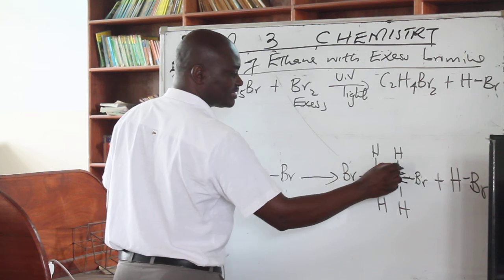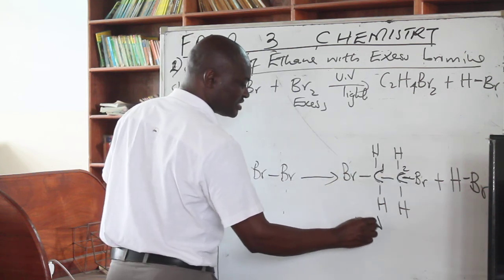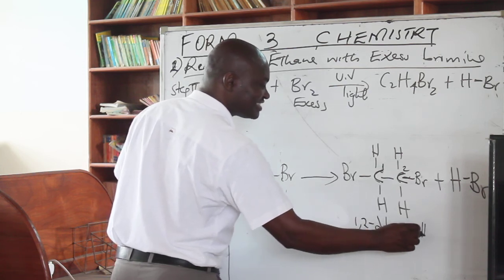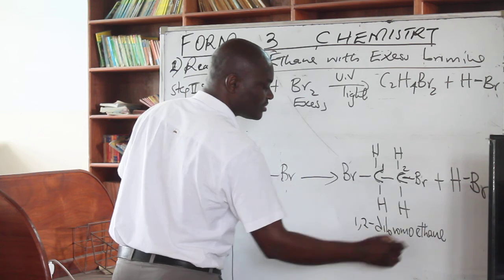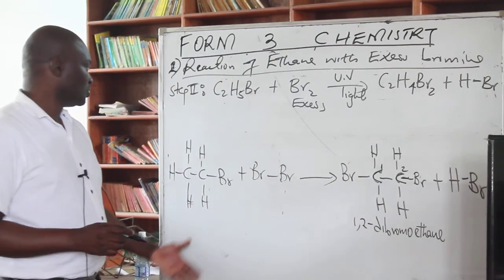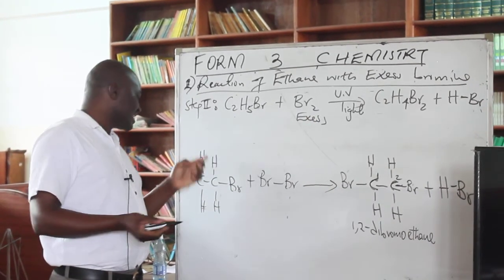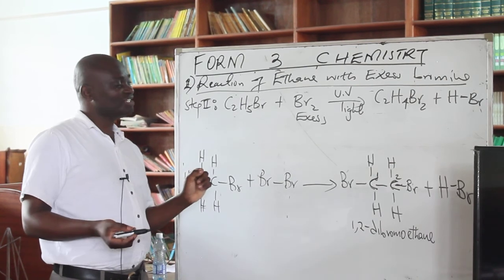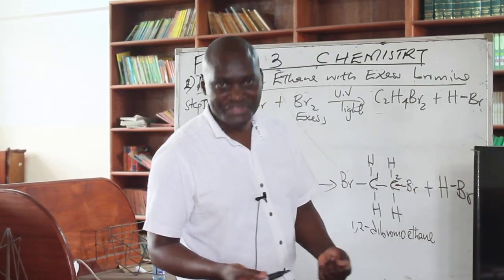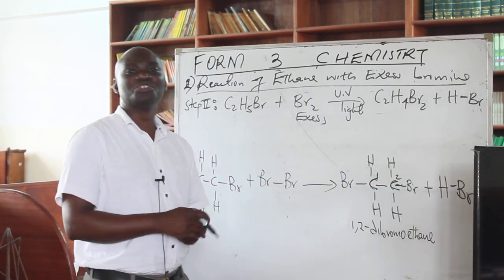So you call it 1,2-dibromoethane. Because we still have more bromine and we still have hydrogen to be replaced, in our second segment we are going to move to step 3. So let us meet again in the second part to continue with step 3.